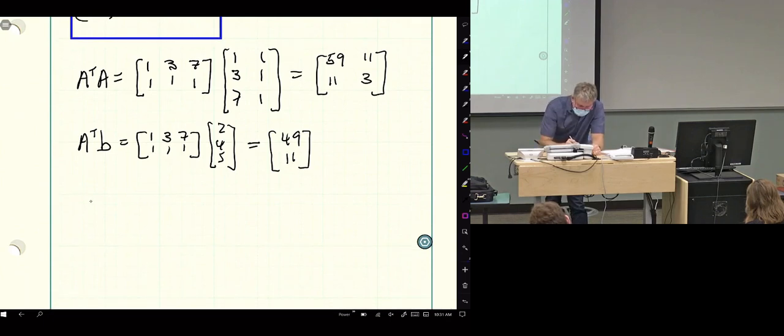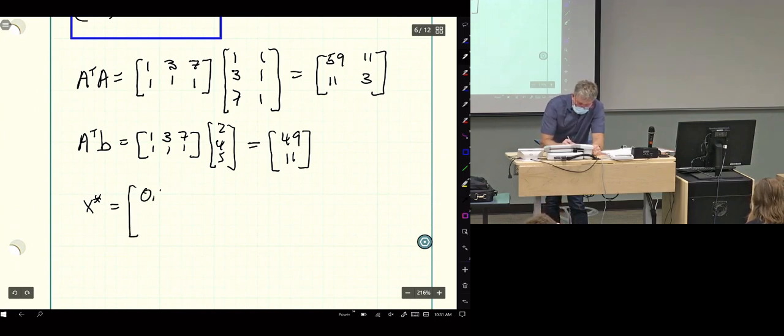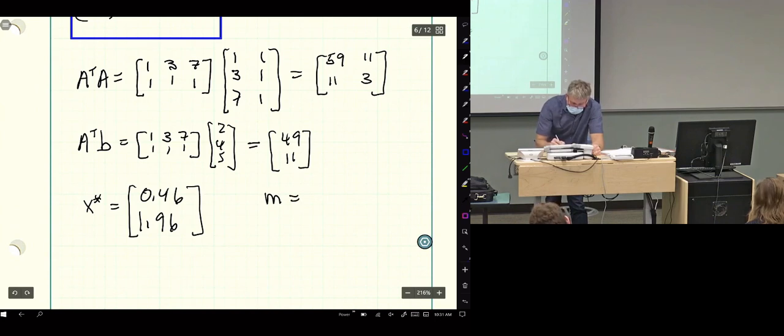And then you solve your equations using any method you want. And you get x star equals roughly 0.46 and 1.96. And I'll remind you that this is the slope and this is the y-intercept.